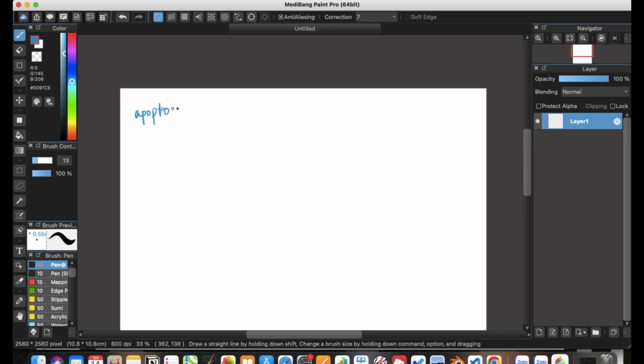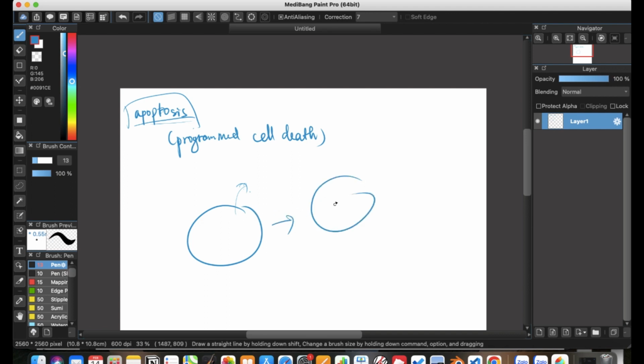Apoptosis is also called programmed cell death, which means that when a cell has some problems, maybe some defects in its genes or its function, and it would be harmful if the cell keeps on dividing, the body will trigger apoptosis, which is the process that will make the cells die instead of dividing, so that it would not be harmful to the body, right?